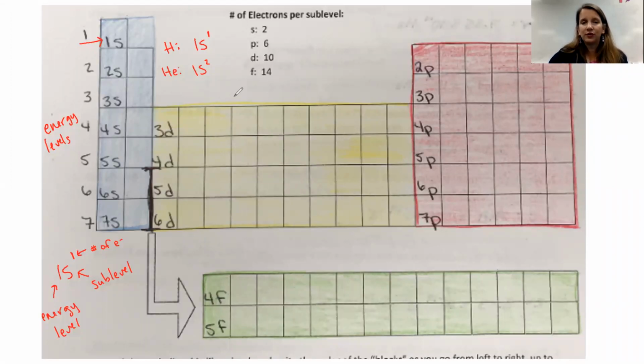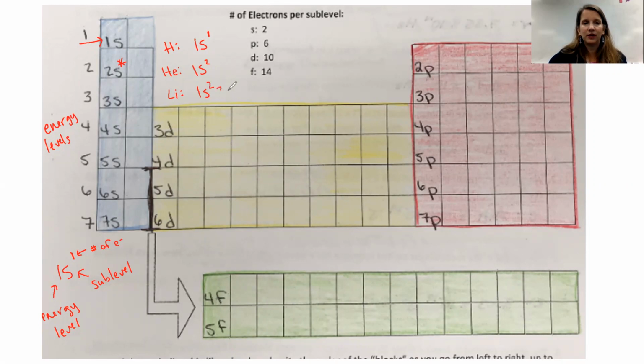So every neutral atom is going to have a different electron configuration. When we look at lithium, which is right here, we always start up here with the 1s. That's always the first thing that we do. So it's going to be 1s2. We have to get to the end of that row before we can move on to the next row.